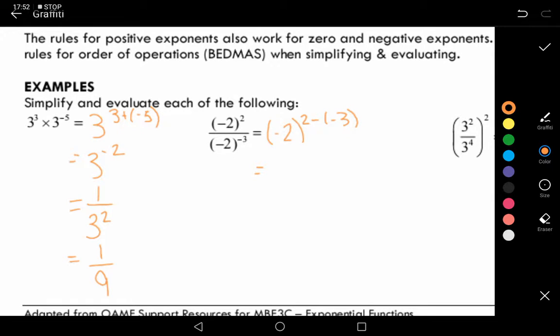Okay, so 2 minus -3, those two negative signs actually result in a positive sign, right? We're actually just adding here. So 2 plus 3 is 5, so we have -2 to the power of 5. So we can just simply type that in on our calculator and we will get -32, okay? Because I have a positive exponent, I don't need to use that negative exponent rule at all.